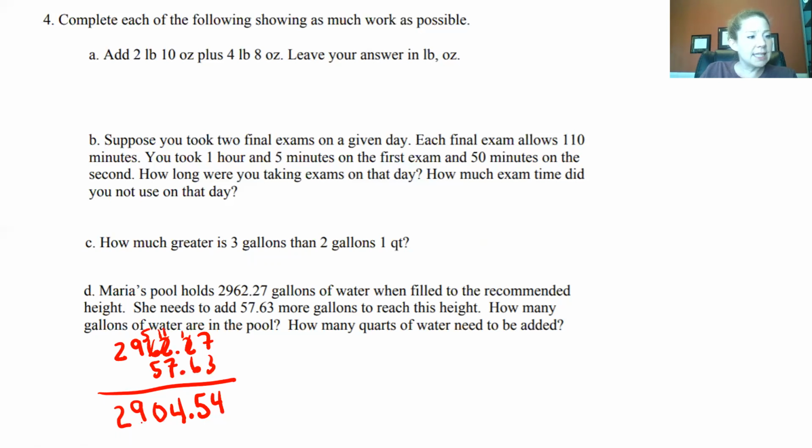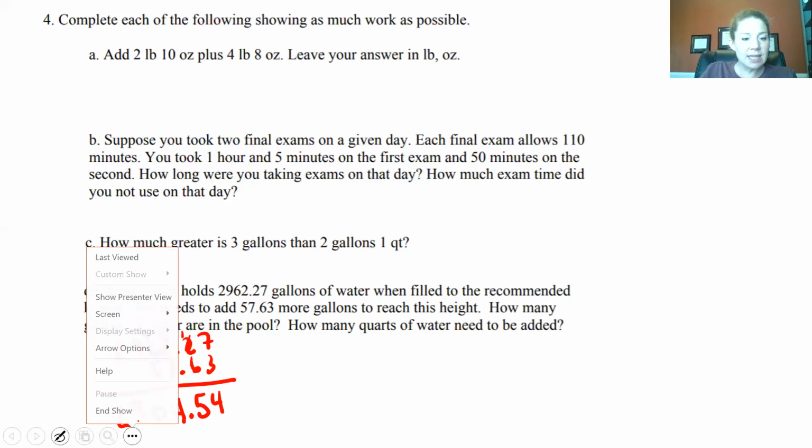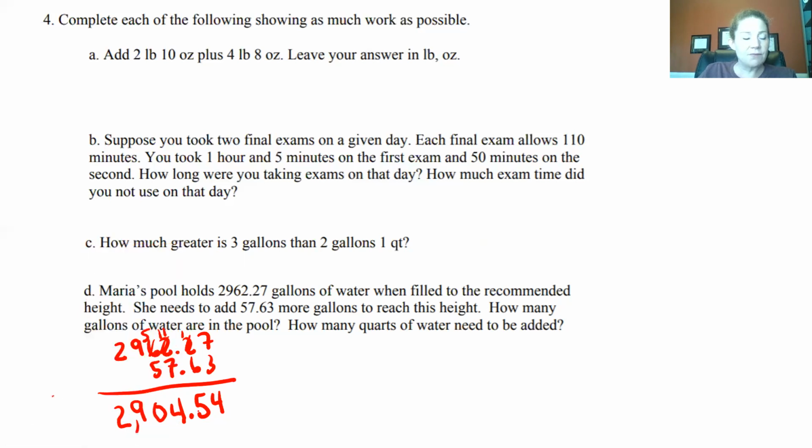So currently, her pool has 2,904, oops, that's a 6. That's 12 minus 6. 0.64 gallons. So currently it has 2,904.64 gallons.